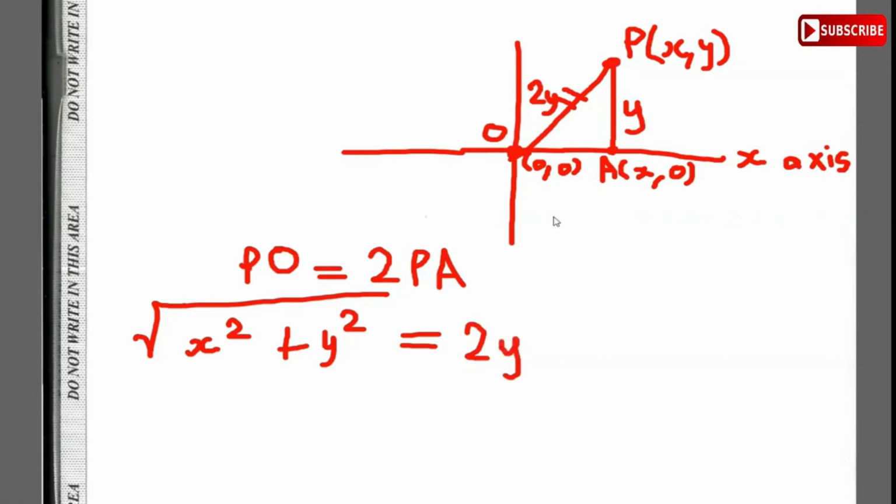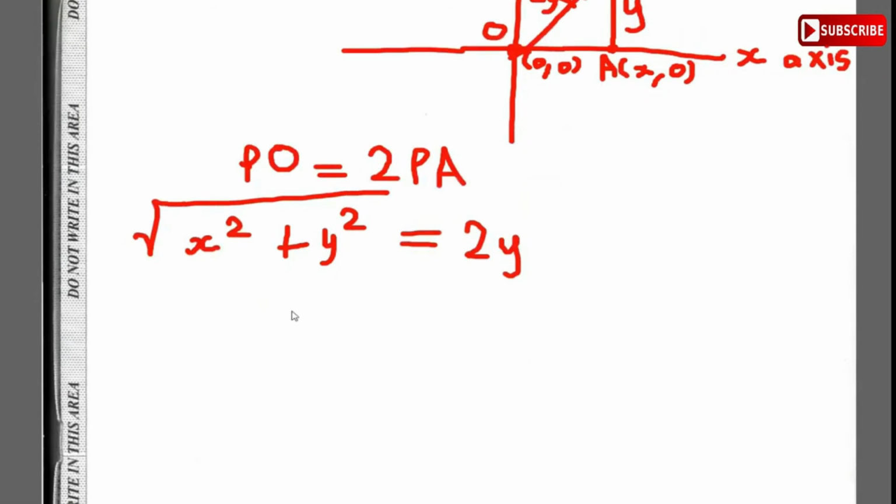Okay. And so we can square both sides and say that x squared plus y squared is equal to, when I square both sides, 4y squared.